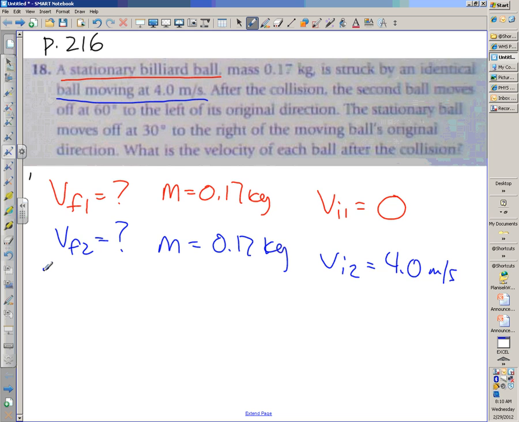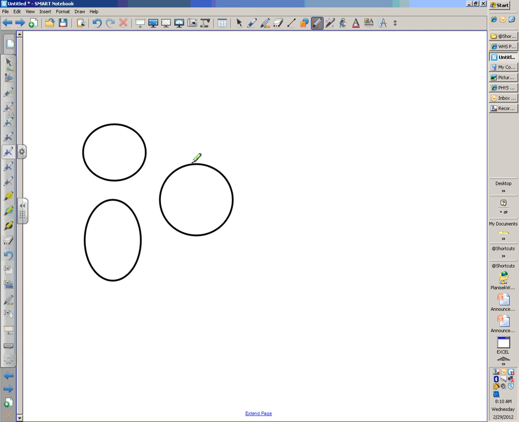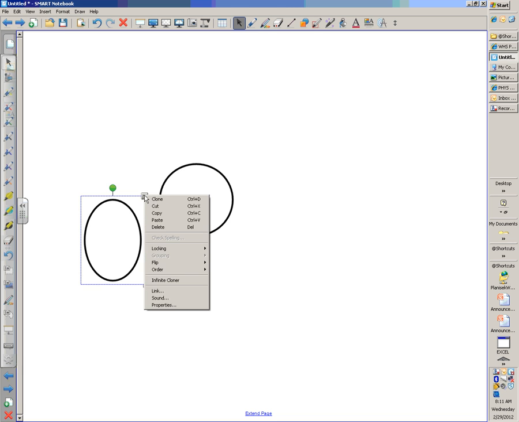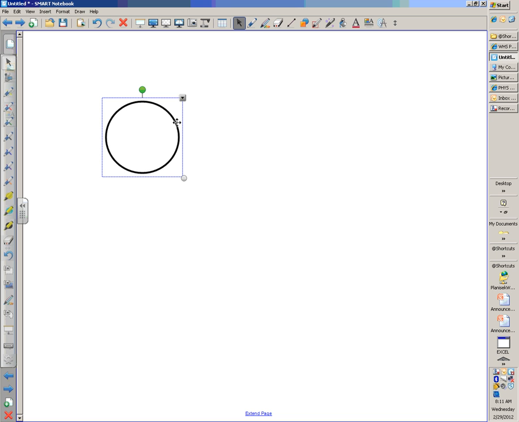Okay. Let's draw ourselves at least a picture to begin with. Okay? Allie, you said you wanted 2 to be the moving one. Okay, so let's do this. That's not really the best. It's not really a circle. Let's go here. Is that better? Circle. No, that's not good. There. Yes. Okay. All right. Get rid of this. Get rid of this. And let's go here.